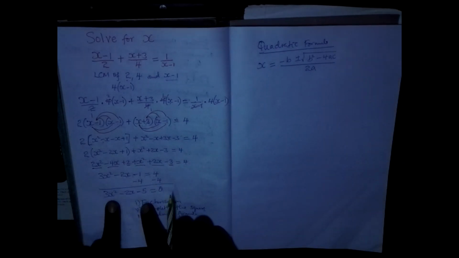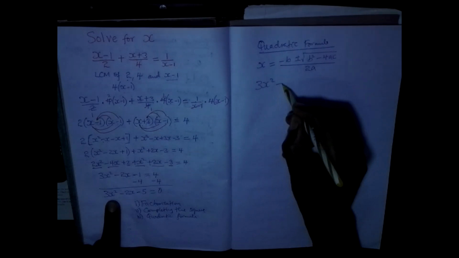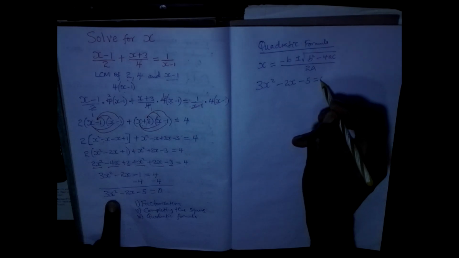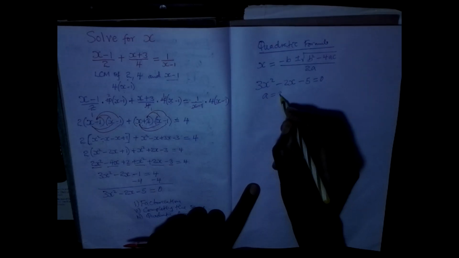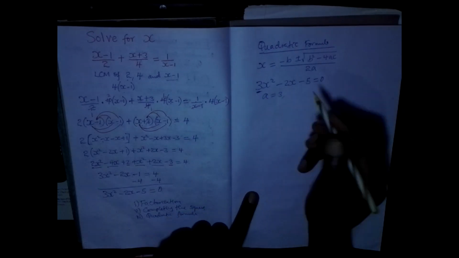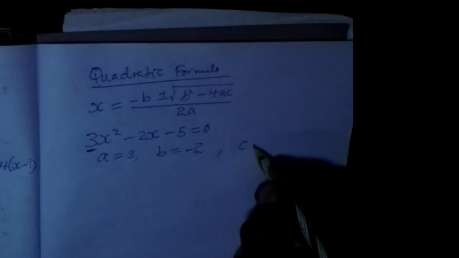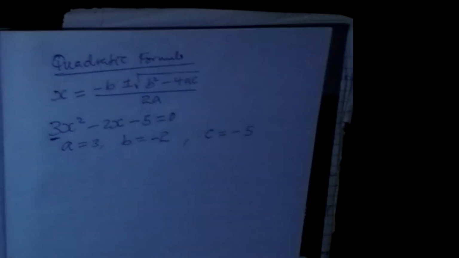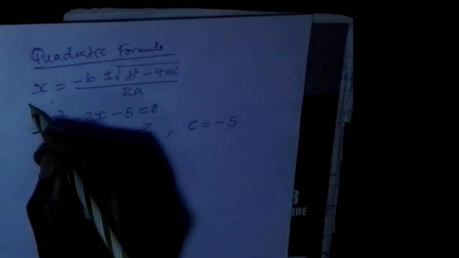So in the equation that we have, which is 3x squared minus 2x minus 5 is equal to 0, a is 3, b is minus 2, and c is minus 5. So we substitute into the formula.